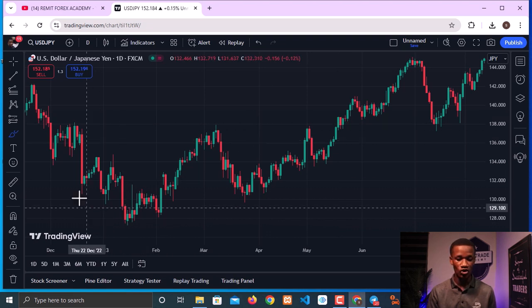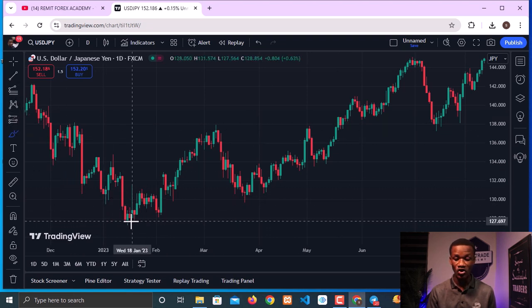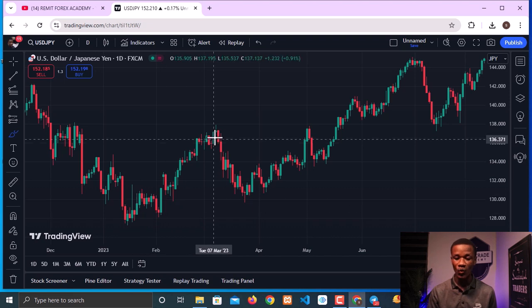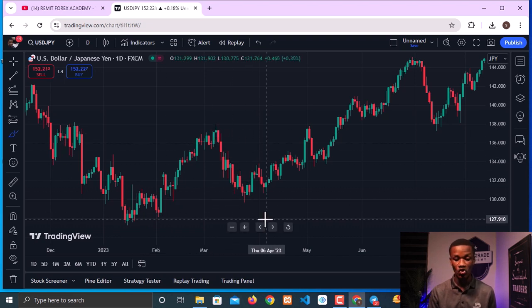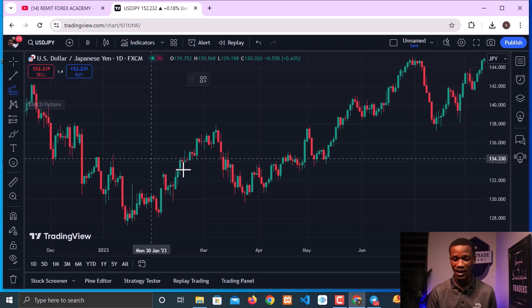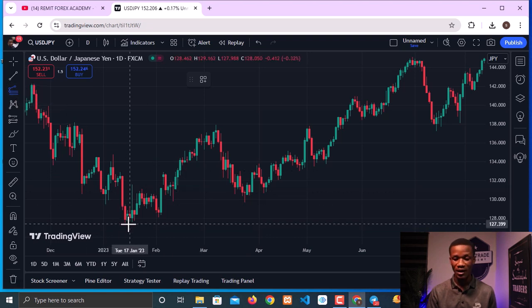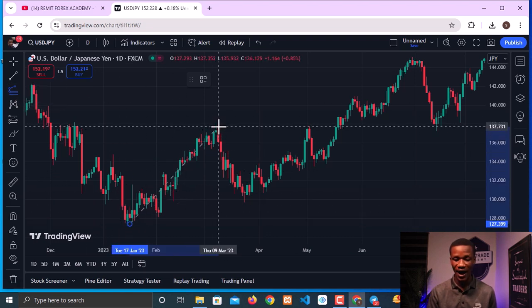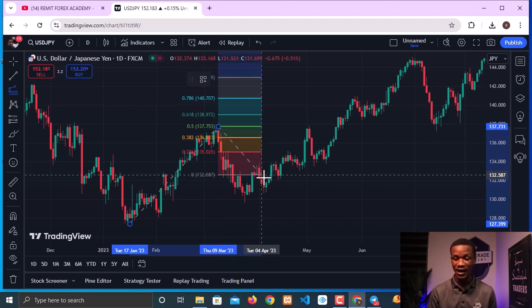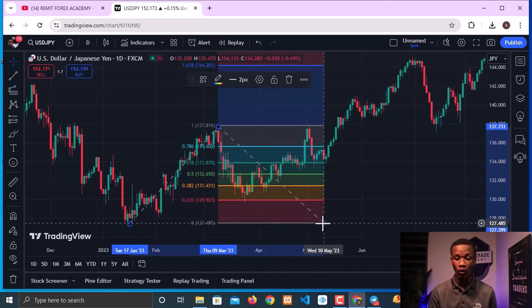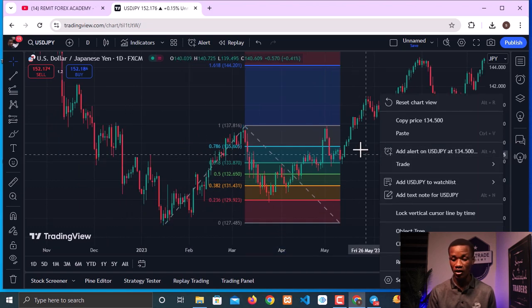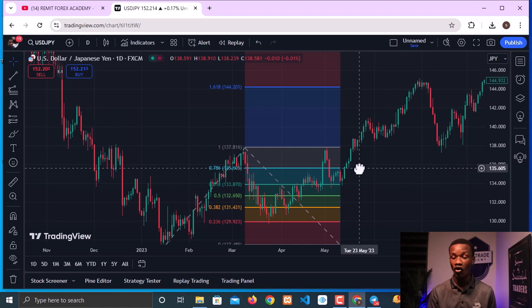So you draw from this very point, swing low to swing high and back to swing low in an uptrend. You pick your fib extension tool from this very point by left clicking, and then you draw from swing low to swing high, that is support to resistance, and back to swing low, which is the support level right at this very point. When you do that, it's going to give you the possible level of profit collection.